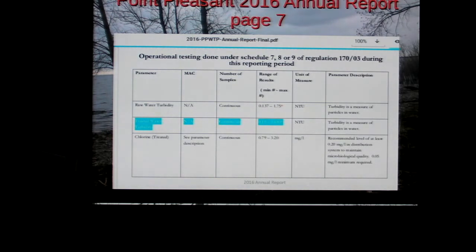They have the range results at 0.68 NTU, and it has a red asterisk by it, and that means it was operator verified. The operator checked it. It's not continuous monitoring equipment with some error in it or something like that. That was operator verified data. So that's quite troubling.